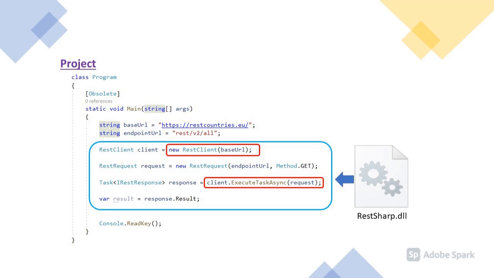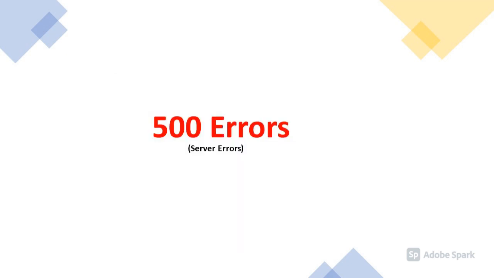The application was working very well initially, but after some time it started getting errors with 500 status code very frequently. What does the 500 error status code mean? Server errors. Even in case of a temporary server down, we will get 500 status code errors.